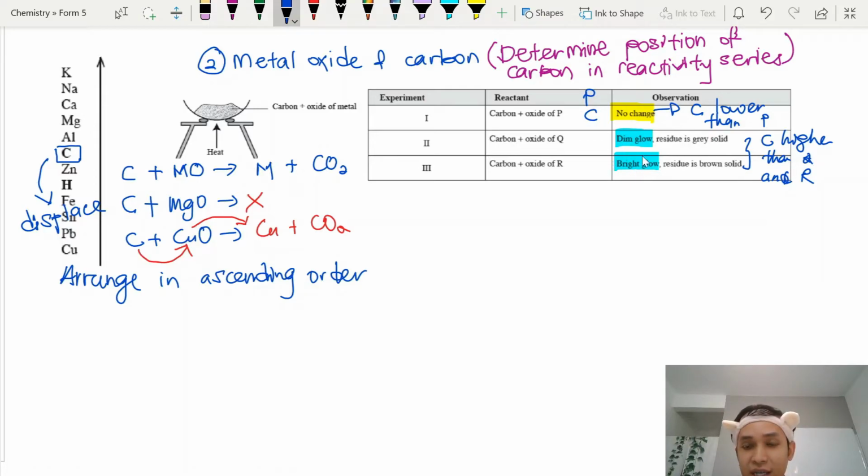Bright, meaning that R is further from carbon. If you are reactive, meaning you are further away from the carbon. If you are less reactive, meaning you are nearer to the carbon.